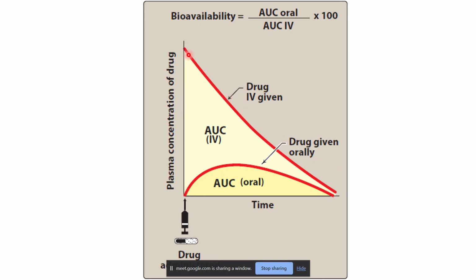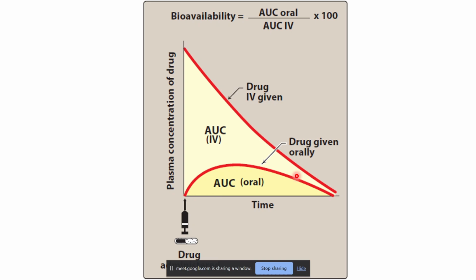We plot a graph by measuring the plasma concentration every half an hour, for example, and then we give the patient the same drug, the same dose, but orally, and measure concentration again.